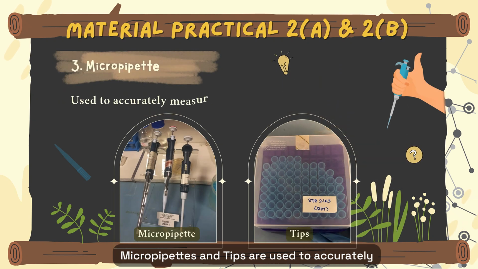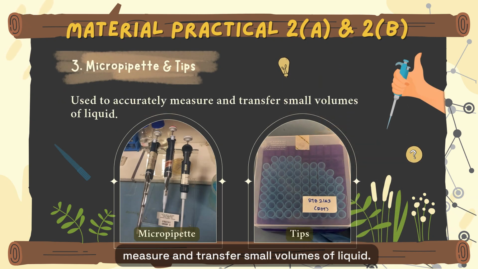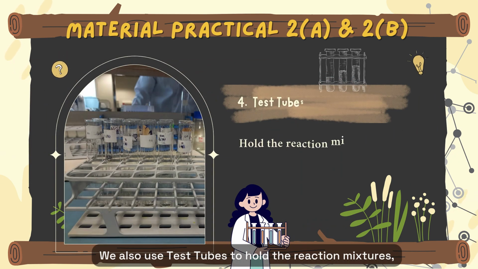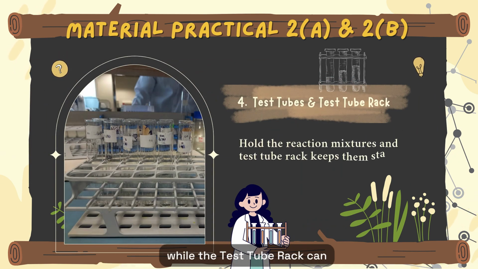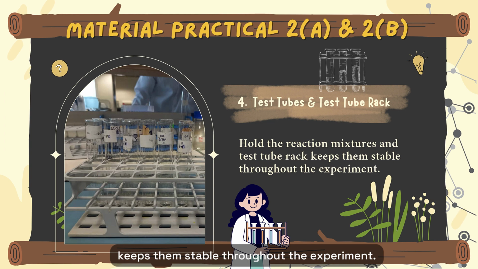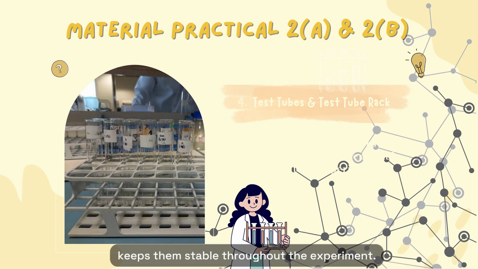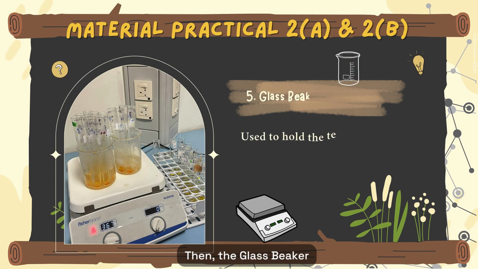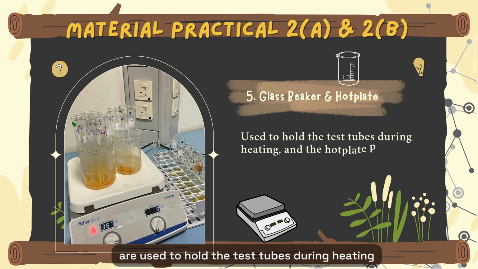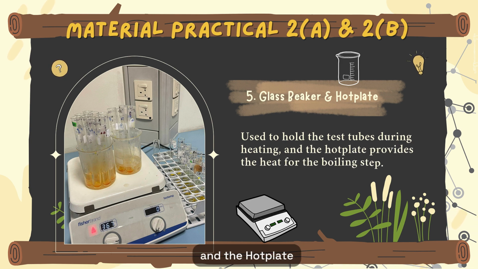Micropipettes and tips are used to accurately measure and transfer small volumes of liquid. We also use test tubes to hold the reaction mixtures, while the test tube rack keeps them stable throughout the experiment. Then, glass beakers are used to hold the test tubes during heating, and the hot plate provides the heat for the boiling step.